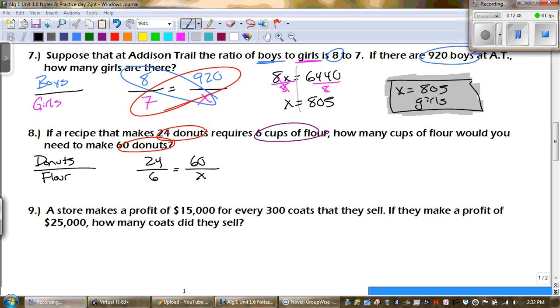Okay, so you should have 24 over 6 equals 60 over x. Remember, they know how many donuts they're making. They're making 60. What we're looking for is the flour. So once again, you cross multiply and you get 24x equals 360.